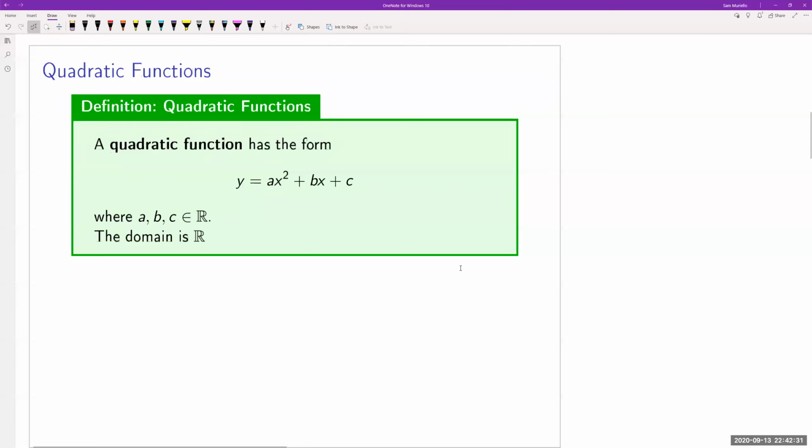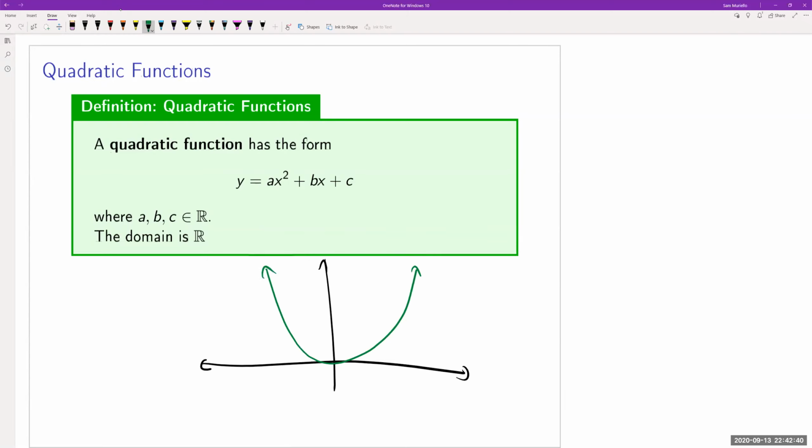The graph of a quadratic function is going to be a parabola. A parabola has a vertex, which is the minimum point should it open upwards, or the maximum point should it open downwards, and it increases off in either direction.